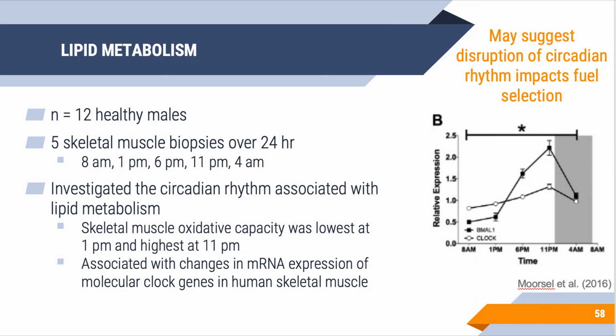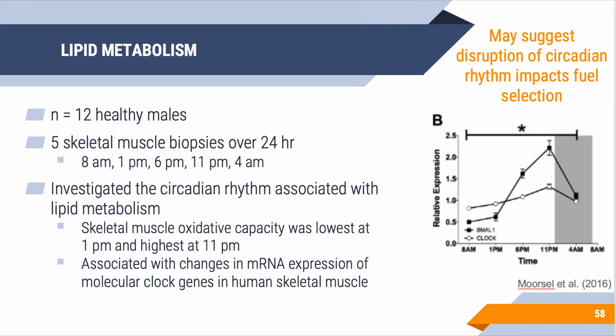What they found was that lipid metabolism follows a circadian rhythm as well, meaning that skeletal muscle oxidative capacity was actually highest at 11 o'clock p.m. at night and lowest at 1 o'clock p.m., where glycolytic metabolism perhaps is highest during this 1 p.m. phase.